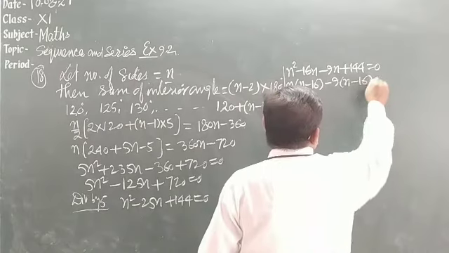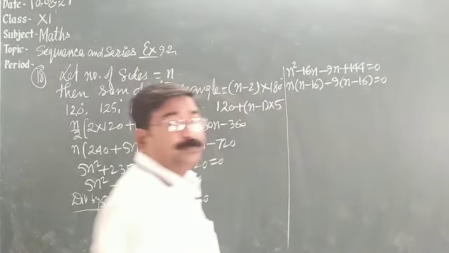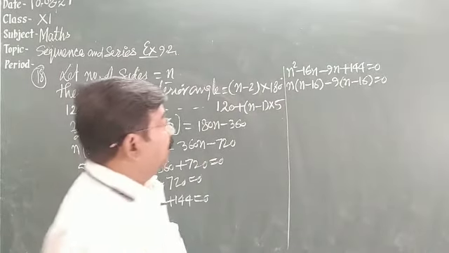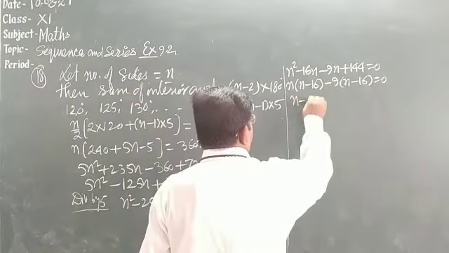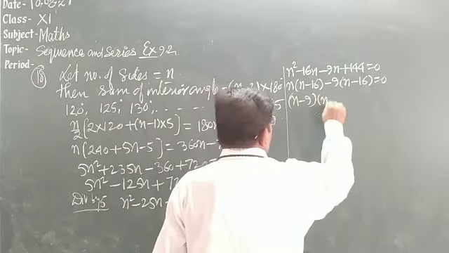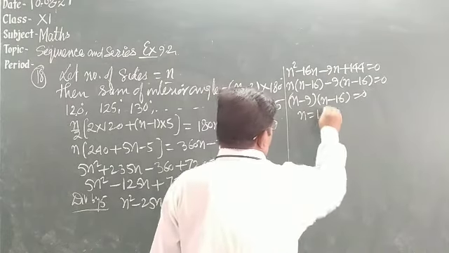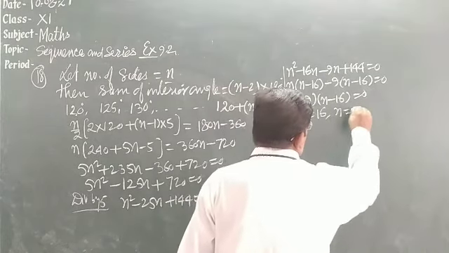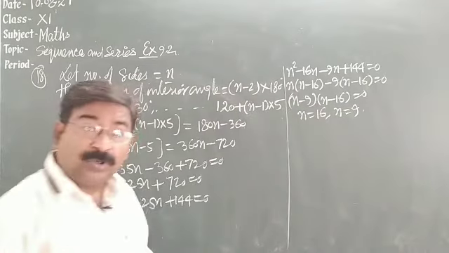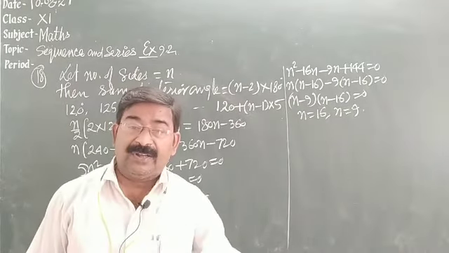So we have the factors (n minus 9) and (n minus 16) equal to 0. N is equal to 16 and n is equal to 9. Now both are positive, but only one is valid.